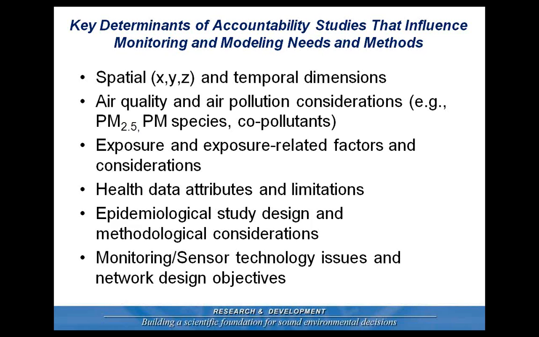So what are we talking about in terms of accountability? Are we talking about PM2.5 or PM2.5 components? Some of them could be traffic related as well as regional. And then the co-pollutant gases. These have to be either direct independent variables or covariates in the accountability studies.